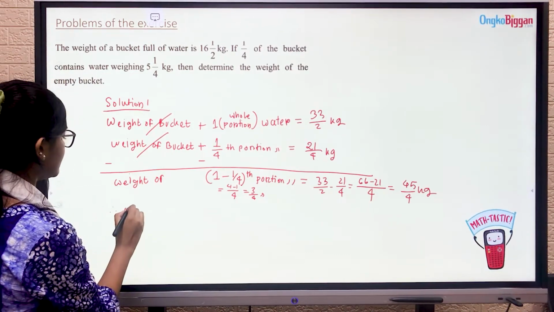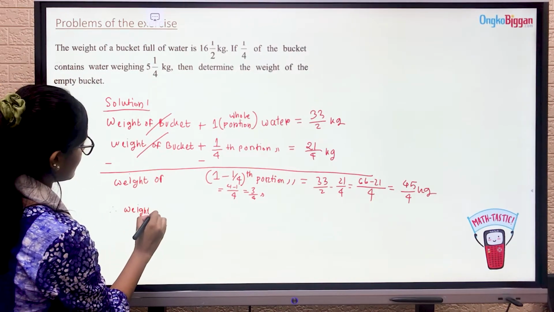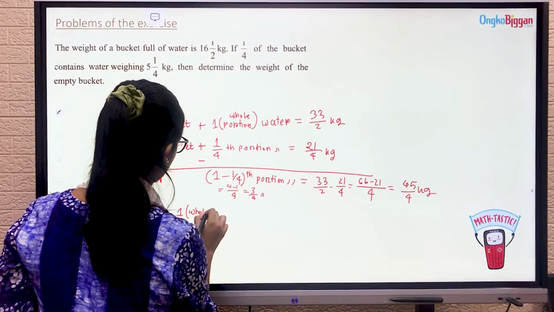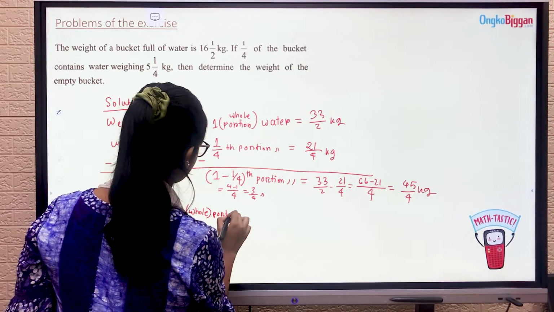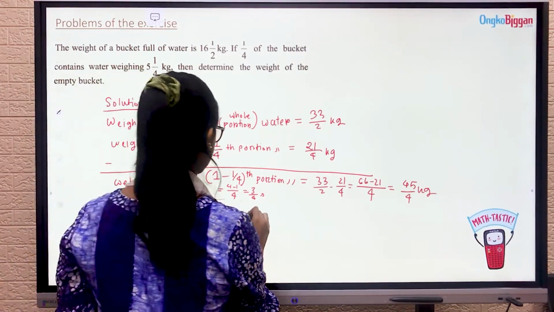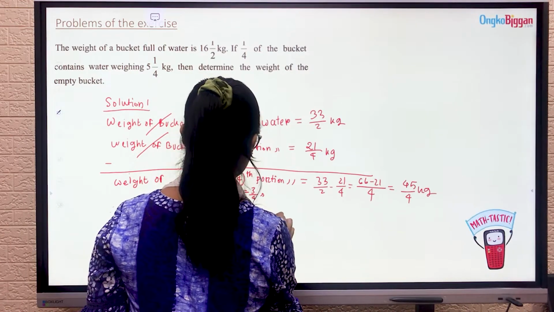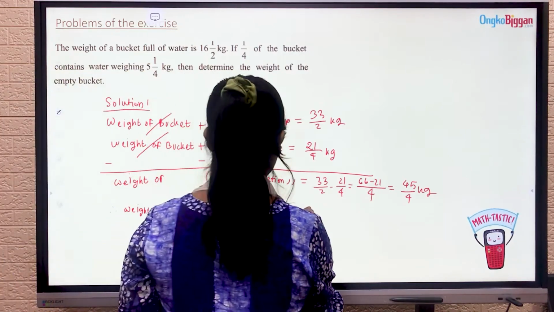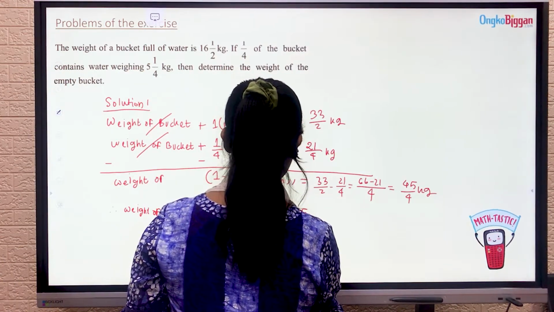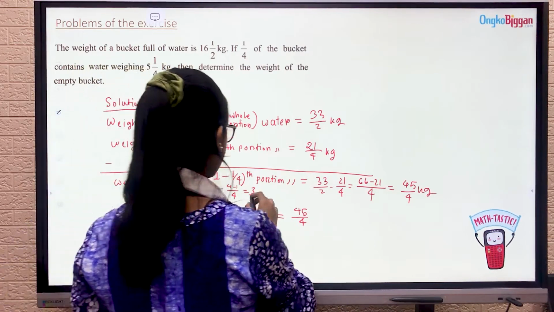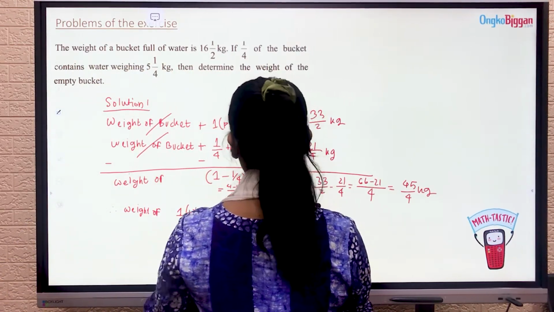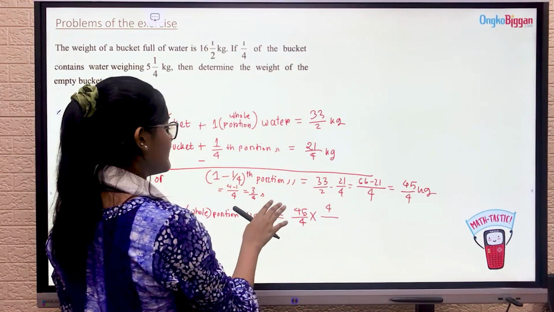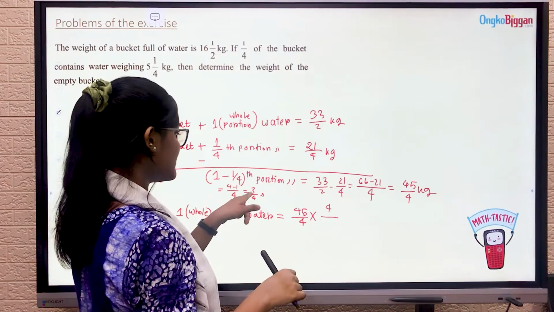Therefore, weight of 1 whole portion of water equal to 45 by 4 divided by this one.